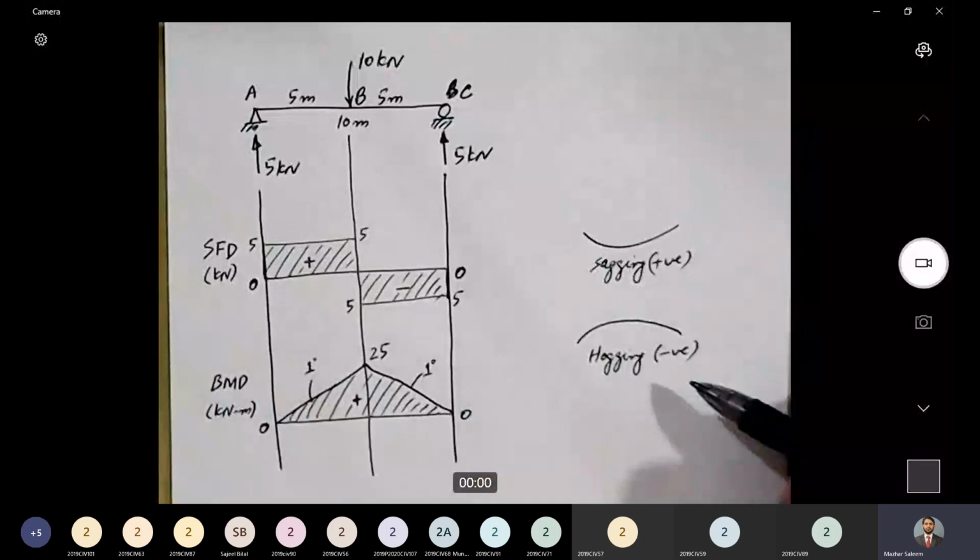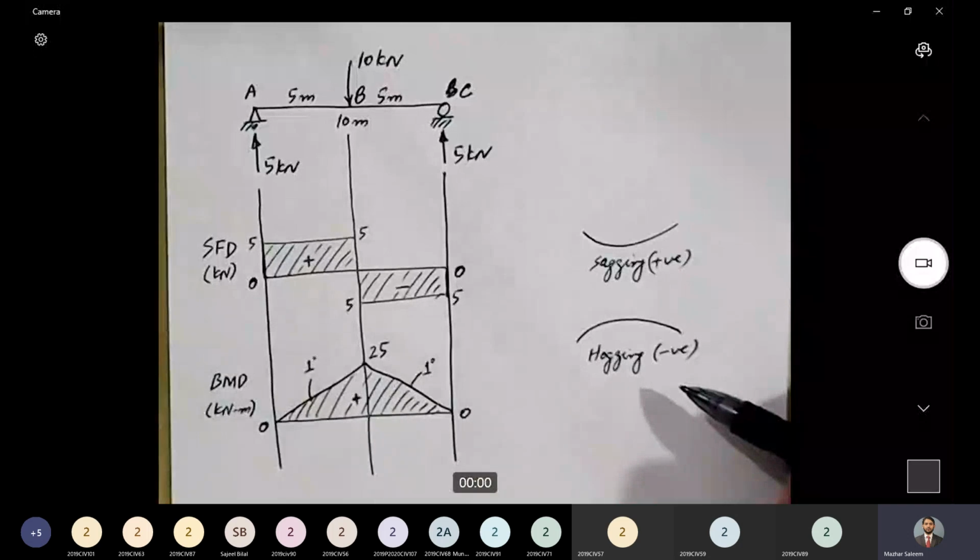Sagging is positive and hogging is negative. This is the convention that we are following.